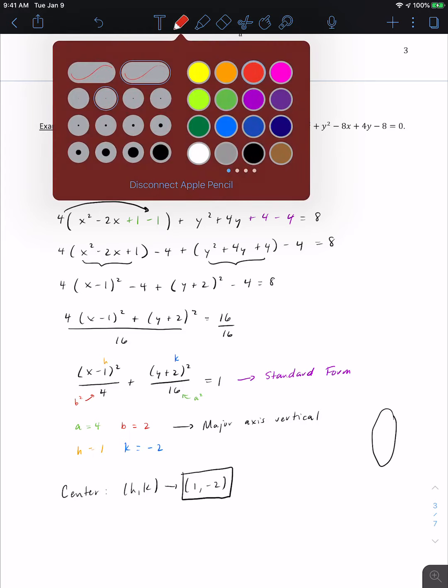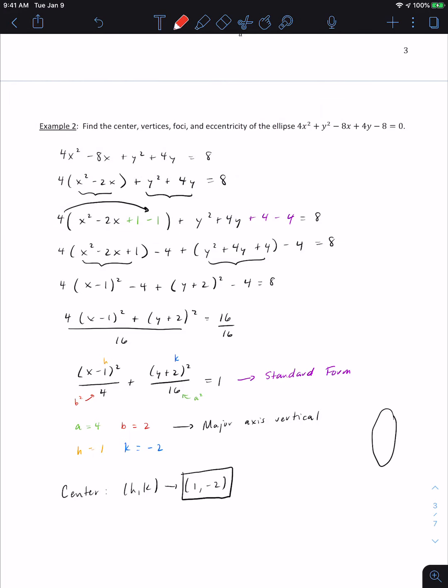I know that this distance, I'll draw it green, from the top to the bottom is 2A, which in this case is 8. So that means this distance from the center to the vertices is going to be 4.